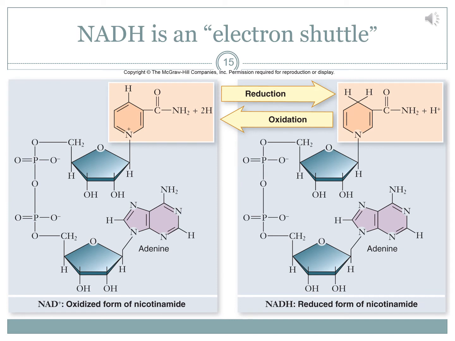This image shows you how NADH is an electron shuttle during cellular respiration. NAD+ accepts a pair of electrons and a proton from catabolized, or broken down, macromolecules or food molecules and is reduced to NADH.